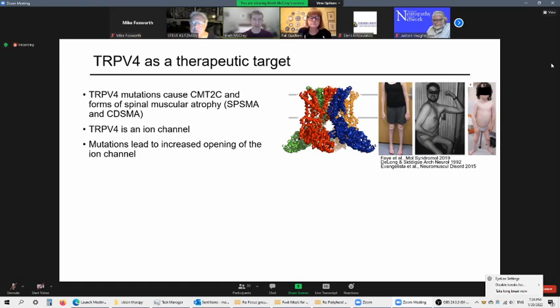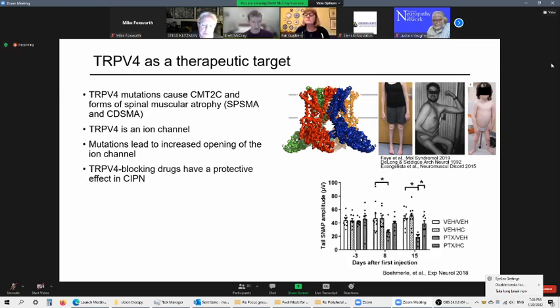The mutations that cause disease cause the channel to open up more than it should. And there are drugs that have already been identified and made by drug companies to try to close the channel, which is one reason we work on it, because it makes a lot of sense that these drugs might help the patients that have these mutations. So it's a way to try to treat at least some subset of people that have inherited neuropathy.